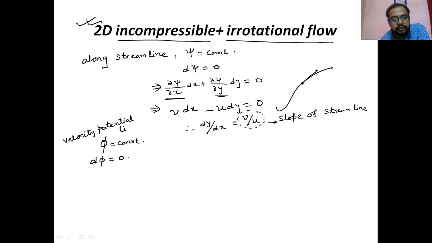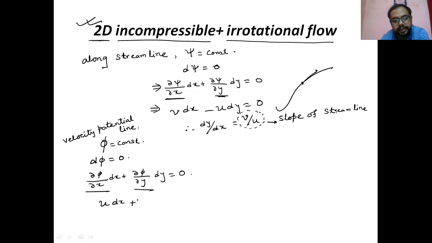We are considering the two-dimensional case only here because of the slope purpose. So in the same way, del phi by del x of dx plus del phi by del y of dy is equal to 0. So this means u dx plus v dy is equal to 0. So here, dy by dx is equal to minus u by v.